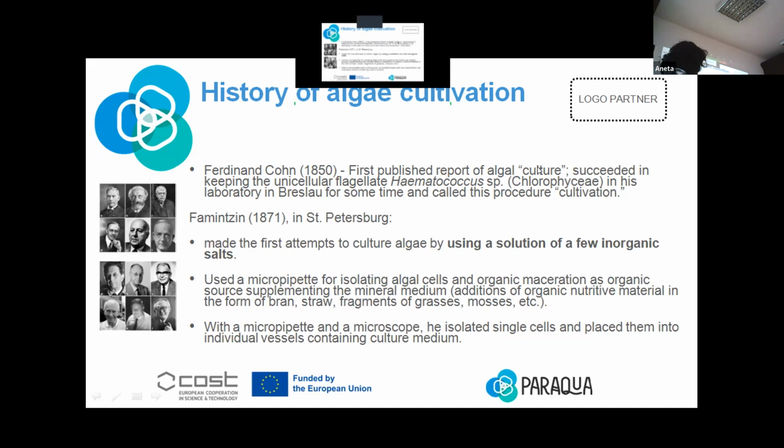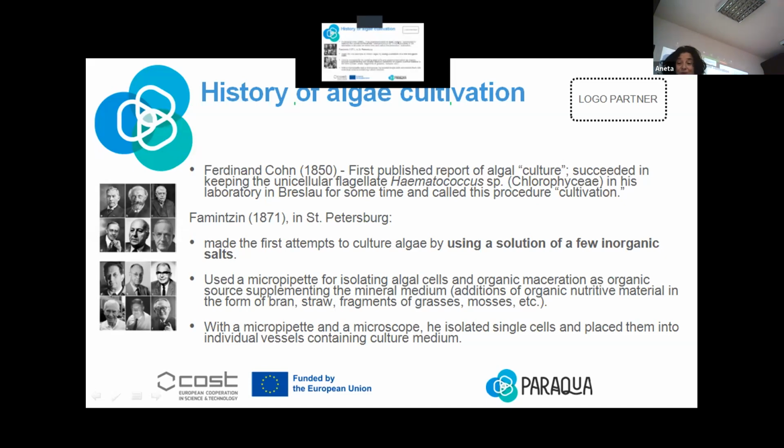I'll just mention some of them. So the first book was published and it was called Algae Culture. They still didn't have continuous culture, but called it cultivation. Then in 1871, they started to use inorganic salts, and sterilizers.